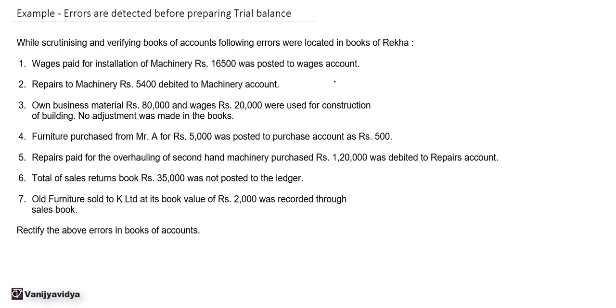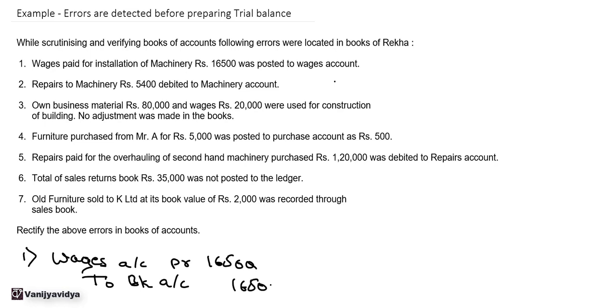So now here what we will do is, first what has happened is the journal entry which is posted in the books is wages account debit to bank account. We'll assume that it is paid by bank, 16,500.